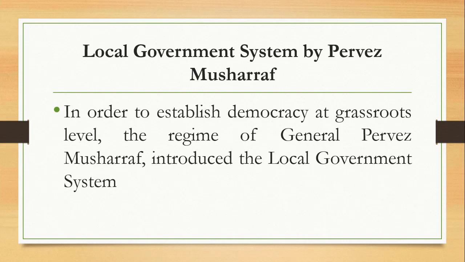Dear students, this was not a new experiment in Pakistan, as I already said before that Ayub Khan had undertaken a similar effort in this direction by introducing the basic democracy system. This new system of local government was installed on 14th of August 2001 after the holding of elections.